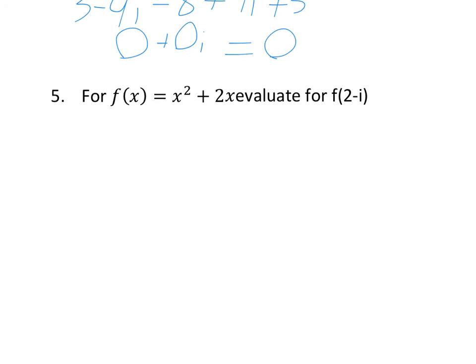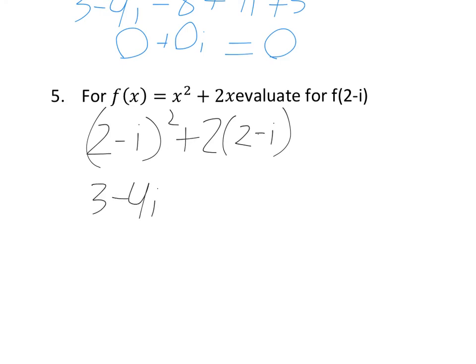Evaluate for f of x such that x squared plus 2x for f of 2 minus i. So 2 minus i squared plus 2 times 2 minus i. We're going to use our binomial expansion to expand that first part, which gives us 3 minus 4i.